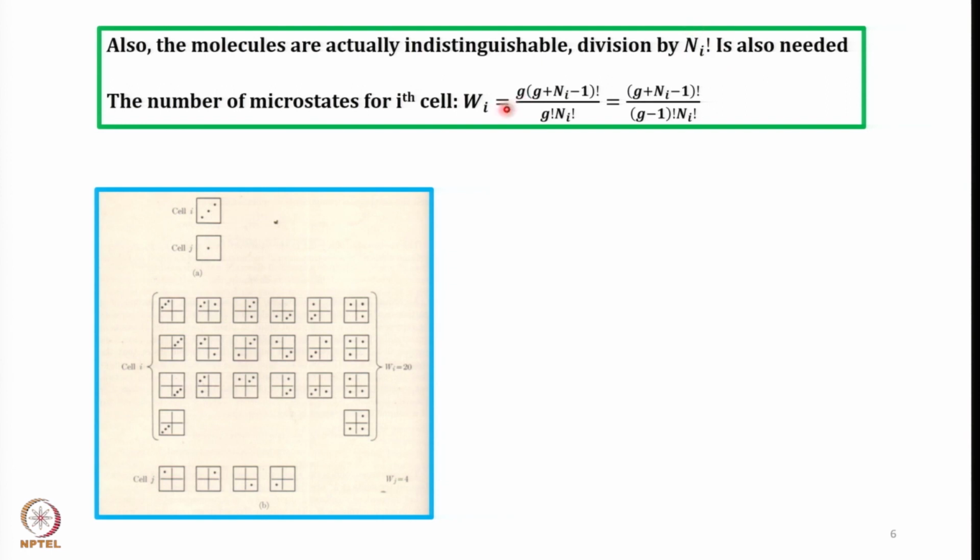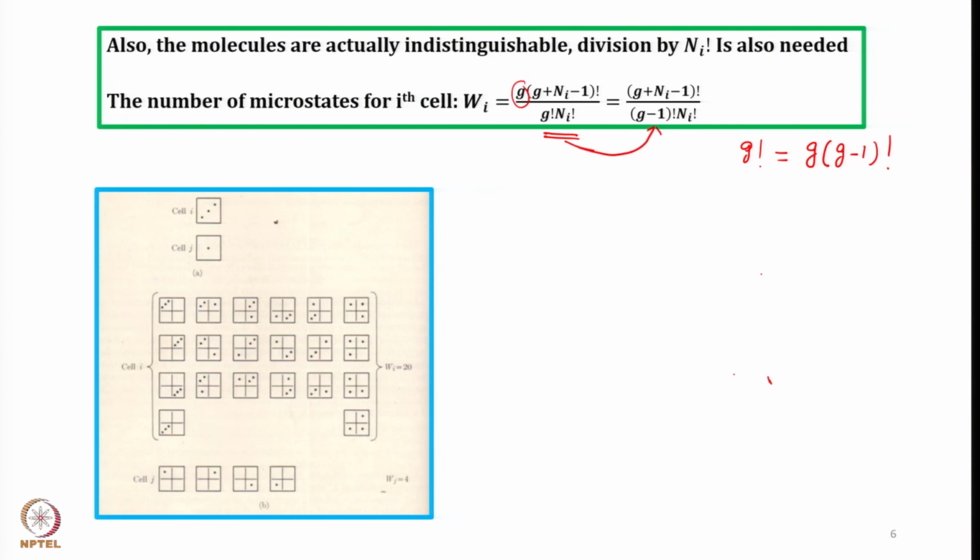So therefore, Wi is equal to G into (G plus Ni minus 1) factorial, divided by G factorial and by Ni factorial. And then G factorial is equal to G into (G minus 1) factorial. So this gets transformed into this. You are getting rid of this G.